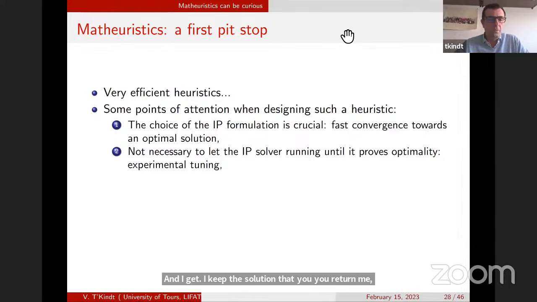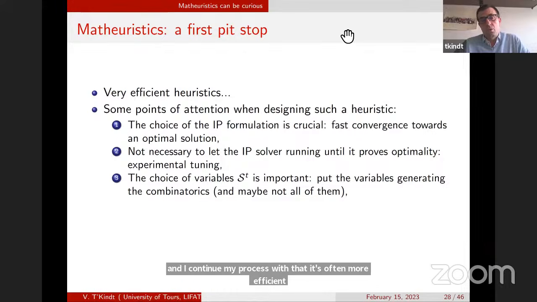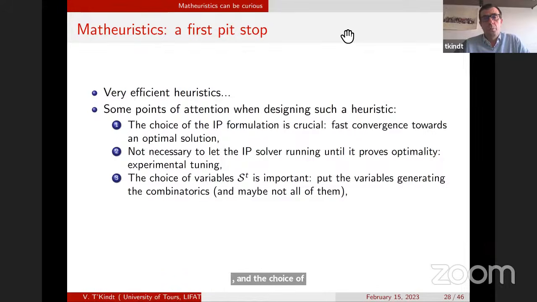It's often more efficient. And the choice of the variable set S_T is also crucial. You should put in the process the variables that really generate the combinatorics, and maybe not all of them at the same time. So it's another point of attention. Really take care about that.